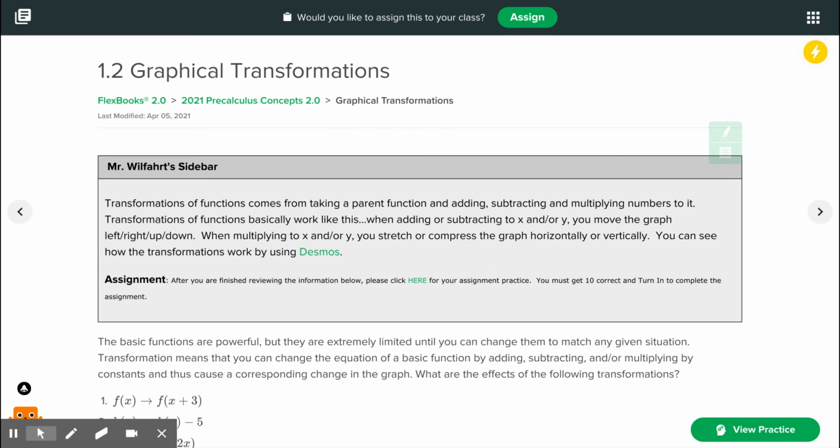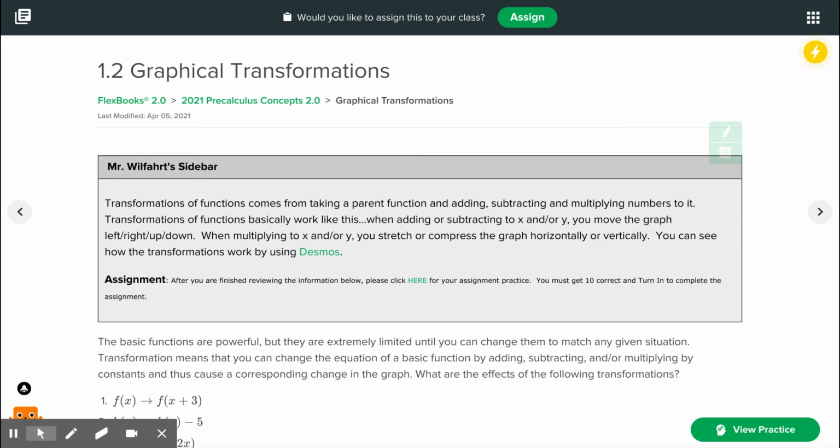And when you multiply a number to x or y, you are going to compress or stretch the graph vertically or horizontally. Just a recommendation, I would suggest that you use Desmos or another graphing calculator.